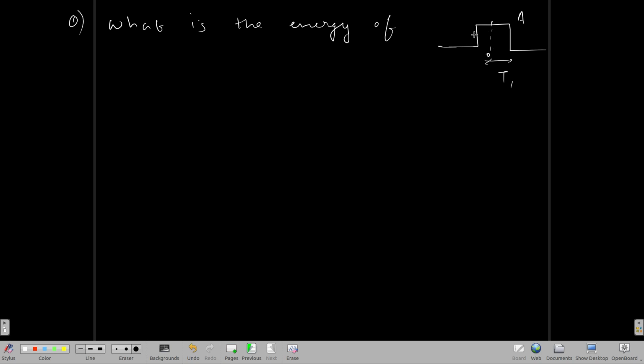So this is a single pulse with center at 0 and amplitude A. So what is energy? Energy is equal to the integral from minus infinity to infinity of x squared of t dt.